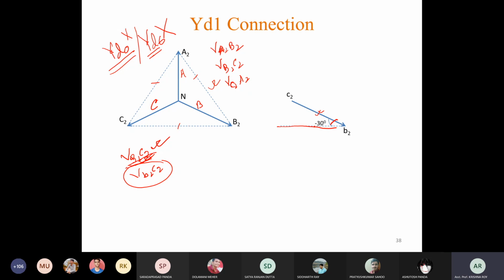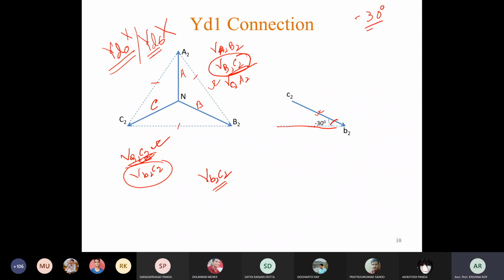We call this as minus 30. Okay, this we know. So how to make that 30 degree? We have to take one line EMF and draw the equivalent line EMF making an angle of 30 degree. So here we are considering V B2 C2 as the reference line EMF, and we have to draw V small b2 c2 making minus 30 degree with this reference phasor. Now it is clear?